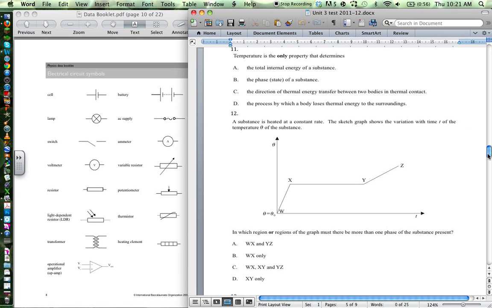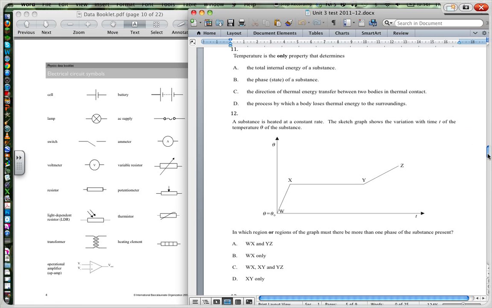Question 11. It says, temperature is the only property that determines the total internal energy of a substance. That's not true. It determines the kinetic energy component of the internal energy. Remember, the internal energy is made up of both the potential energy and the kinetic energy. The phase state of a substance can change according to the pressure, so they can also determine that.